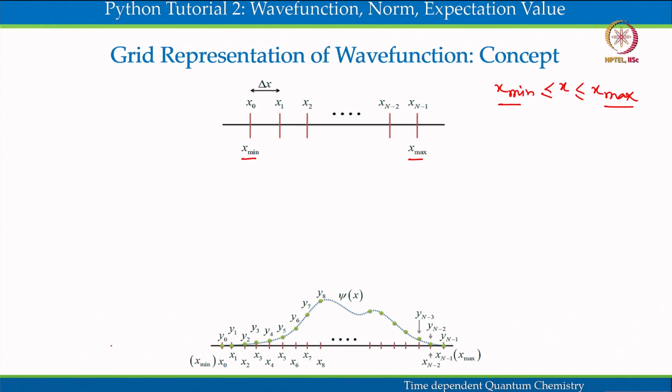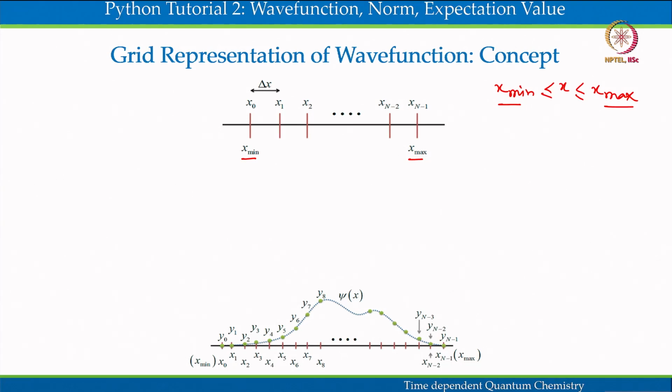The idea is that at minus infinity and plus infinity it will be 0, and the requirement for the wave function to be 0 at minus infinity and plus infinity comes from the fact that the wave function should live in the Hilbert space. We have studied the meaning of Hilbert space in module 4, where we discussed the square integral.